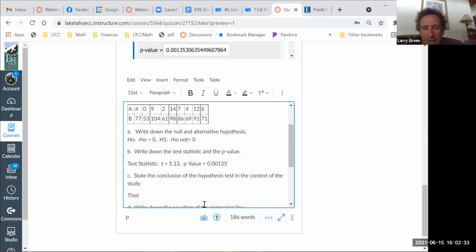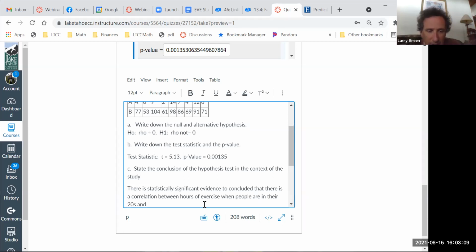So that means there is statistically significant evidence to conclude that there is a correlation between hours of exercise when people are in their 20s and how long they live.